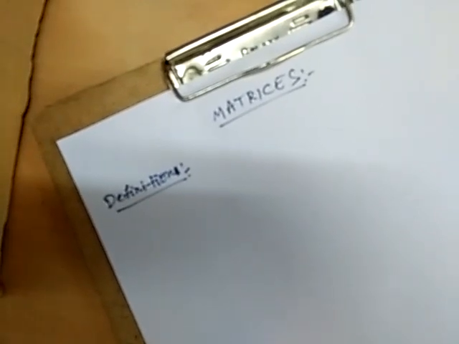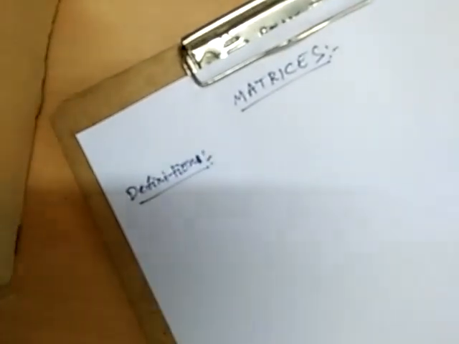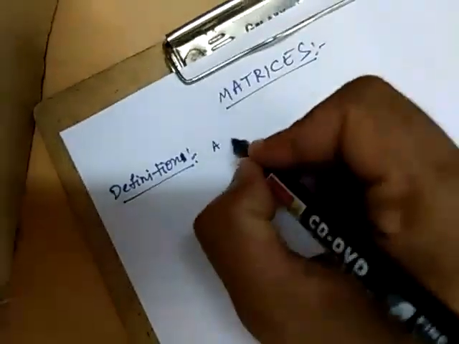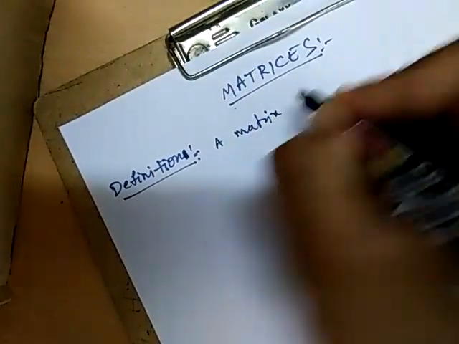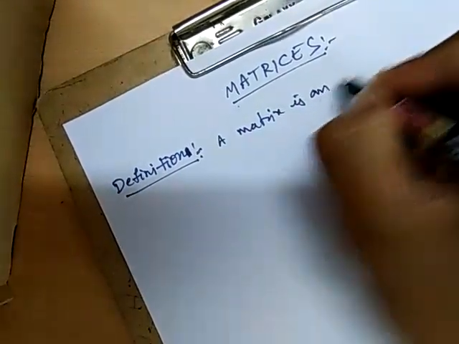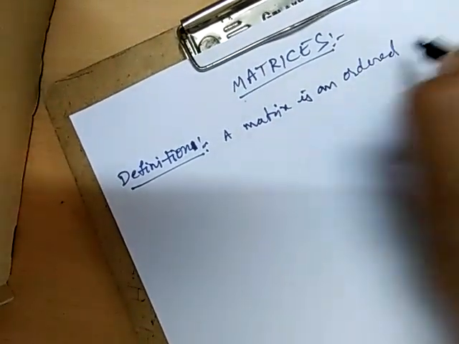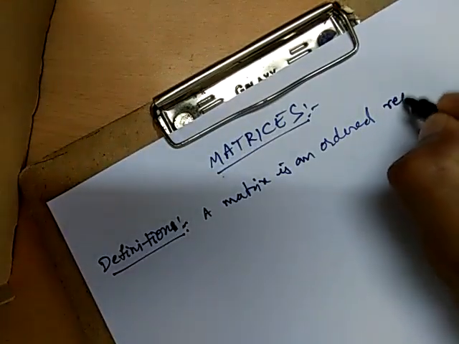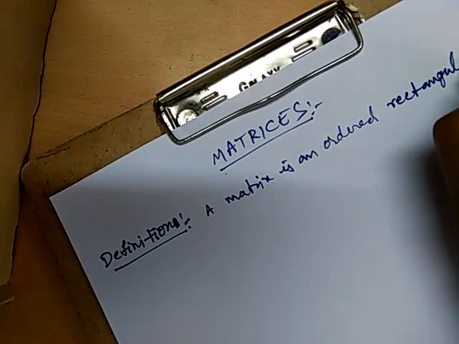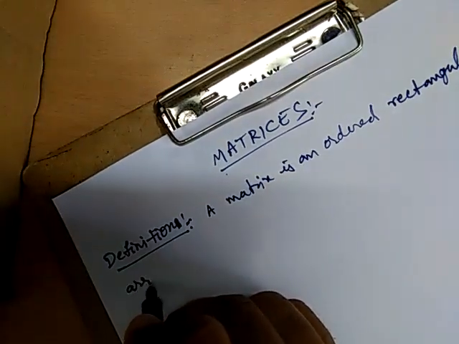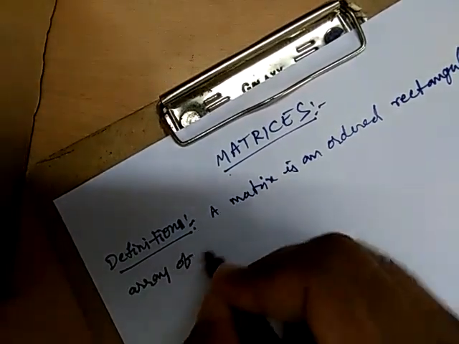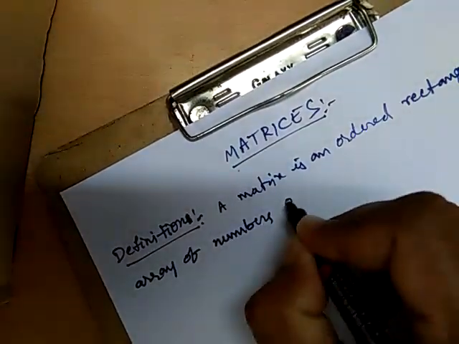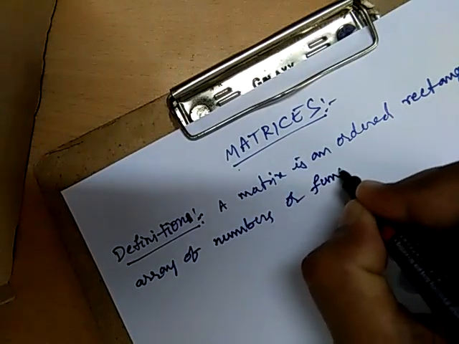Definition of matrix is: a matrix is an ordered rectangular array of numbers or any functions.